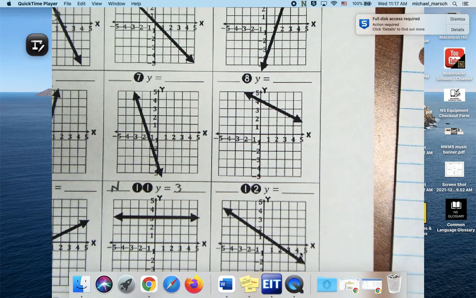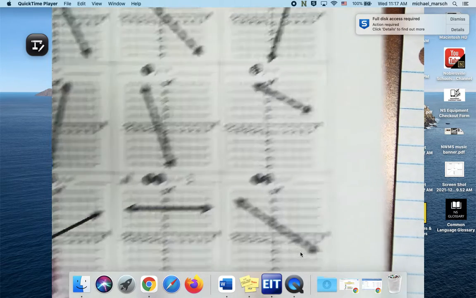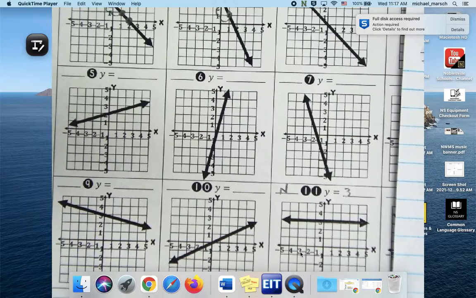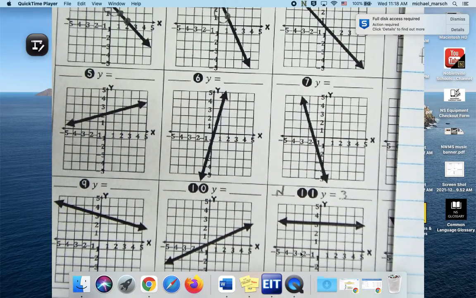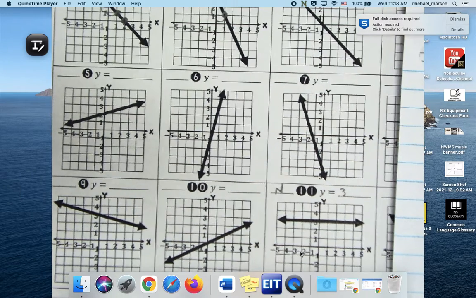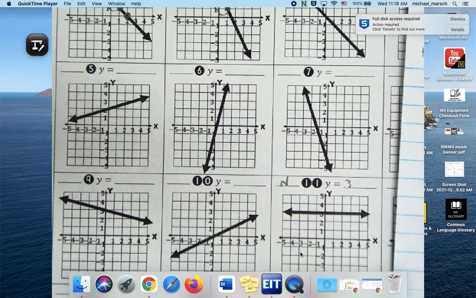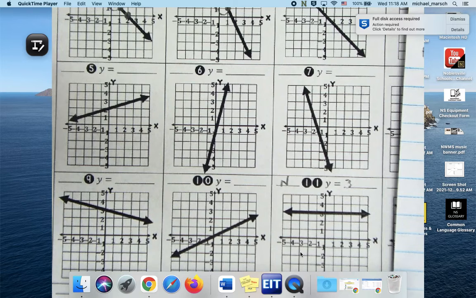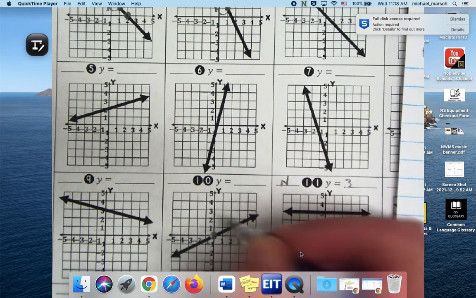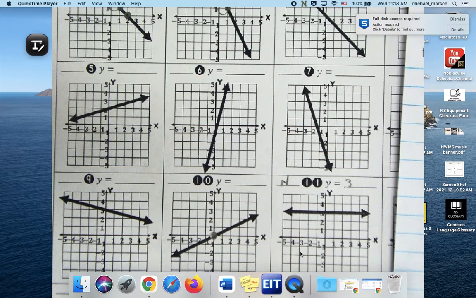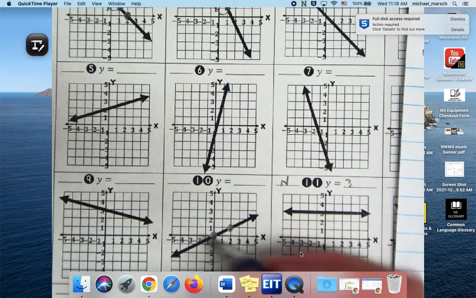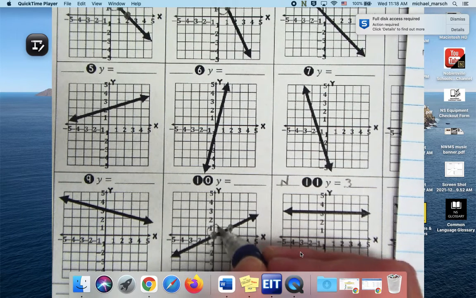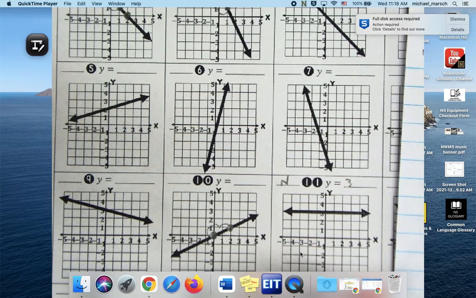All right, let's do number 10 also together. I need to find my slope, so what could be my perfect intersection points here? The middle, the origin, and 2, 1. So my slope is going to be rise 1, run 2.